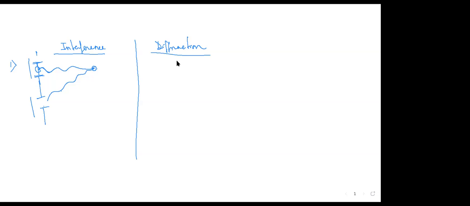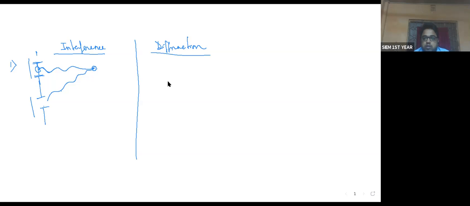Yes, sir. But in case of diffraction, you have the same wavefront. You have a single slit, say. So this is a single slit, and this is the incident wavefront. From this part of the wavefront a wave is coming, from this part of the wavefront another wave is coming, and they interfere at some position.